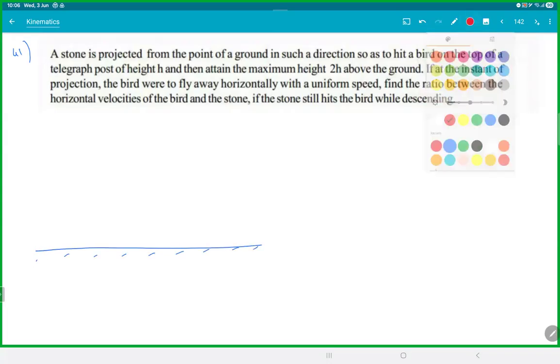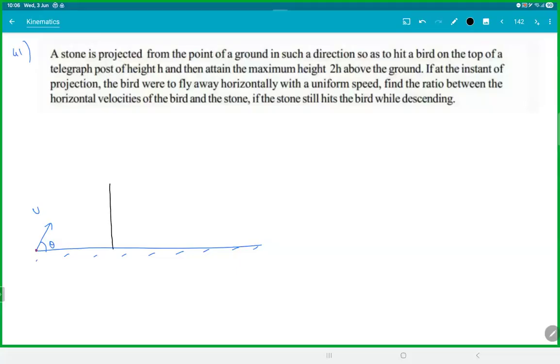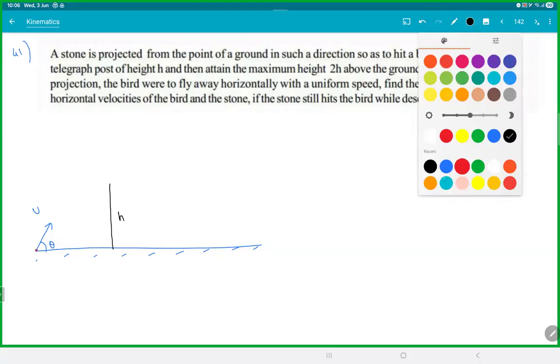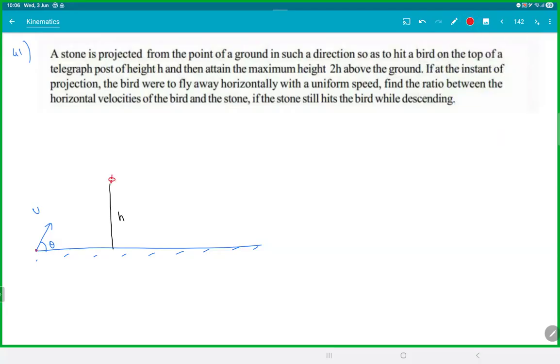So you are throwing the stone here, with u and theta. At some distance there is a telegraph post. We don't know where it is. And he's saying this height is h. And here there is a bird sitting.